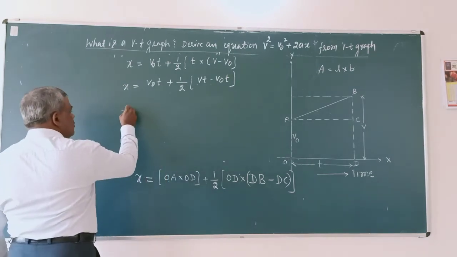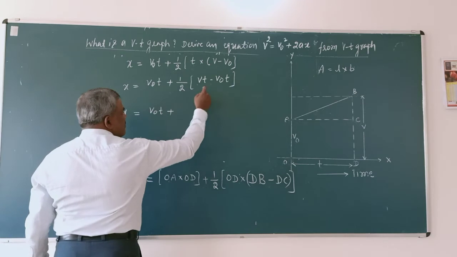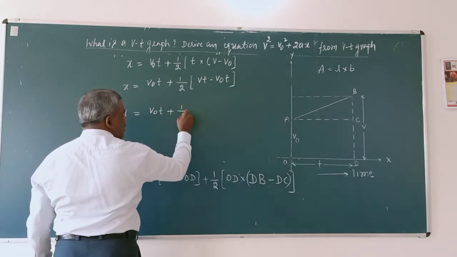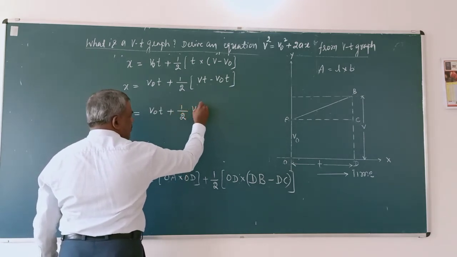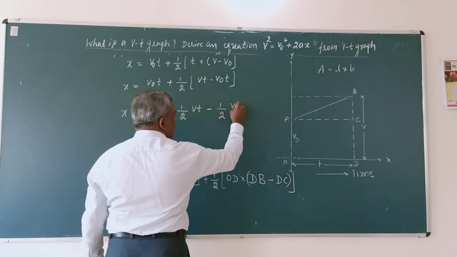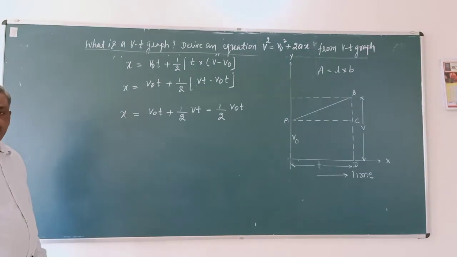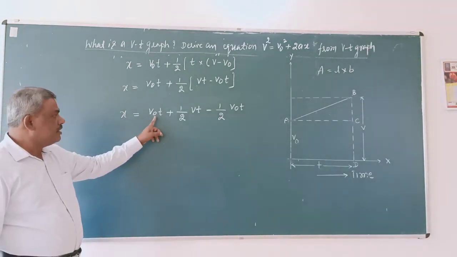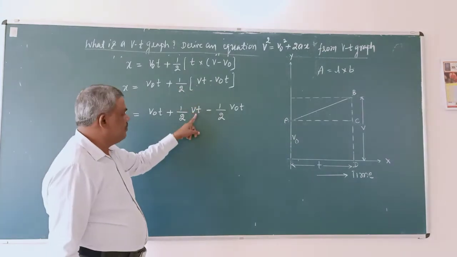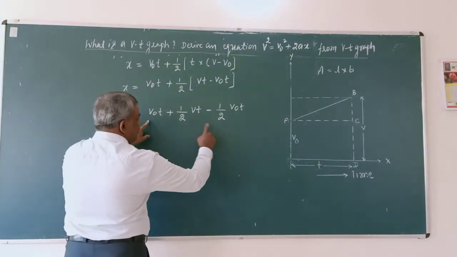Now x equal to V naught t plus 1 by 2 Vt minus 1 by 2 V naught t. Now you take here LCM 2.